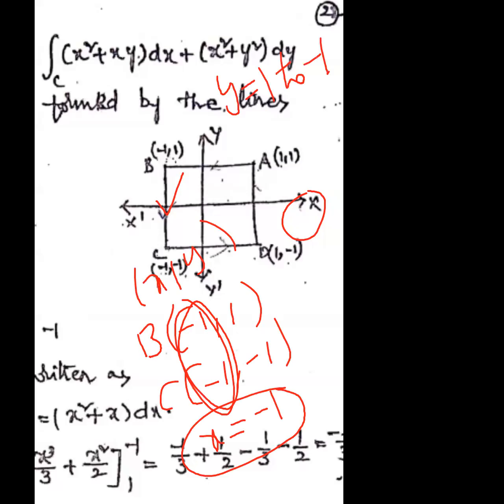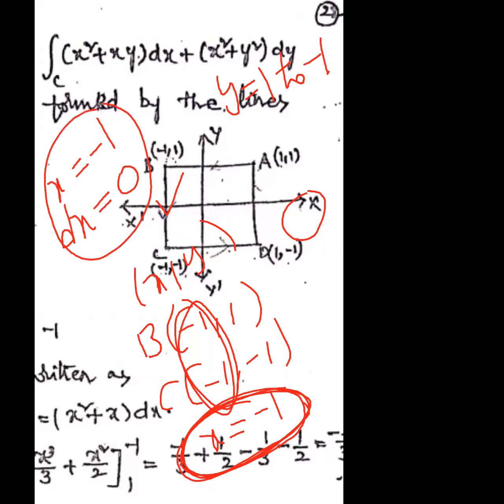So now we fix x equal to minus 1 in BC because it is the same at points B and C. Fixing x equal to minus 1 and applying the derivative on both sides, dx equal to 0. So substituting these in the given problem, all x terms are converted to x equal to minus 1.